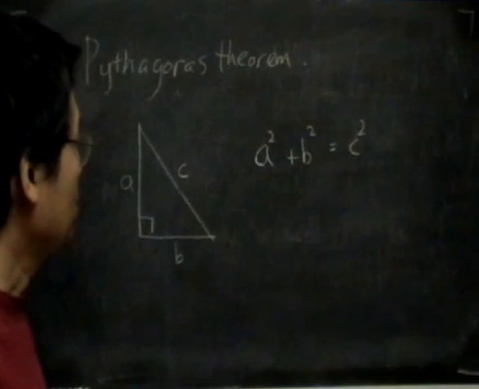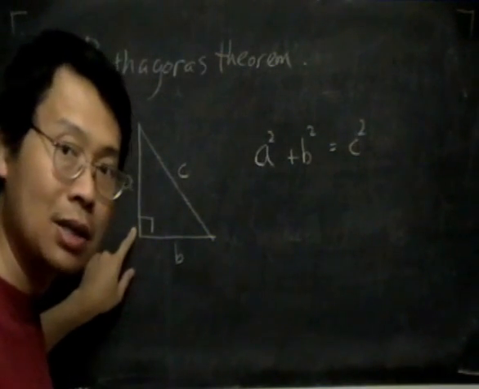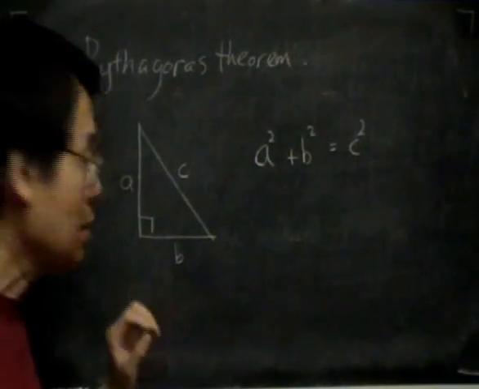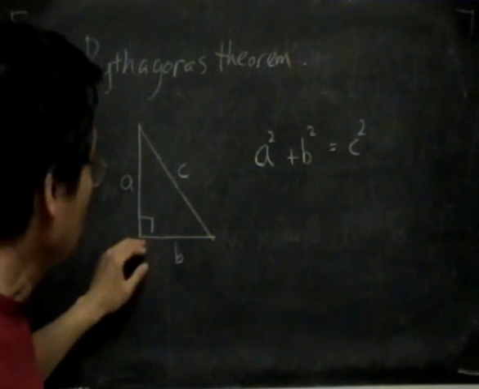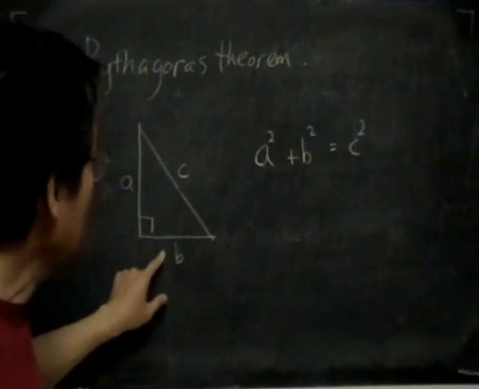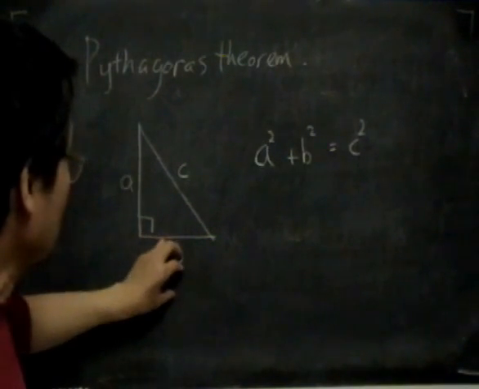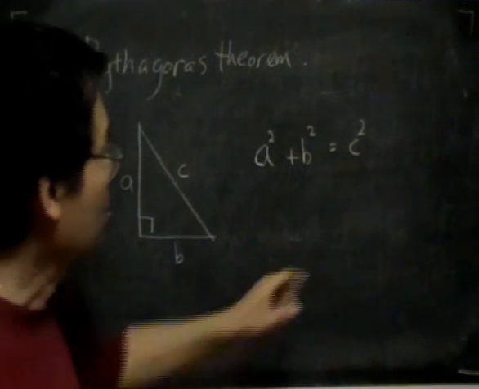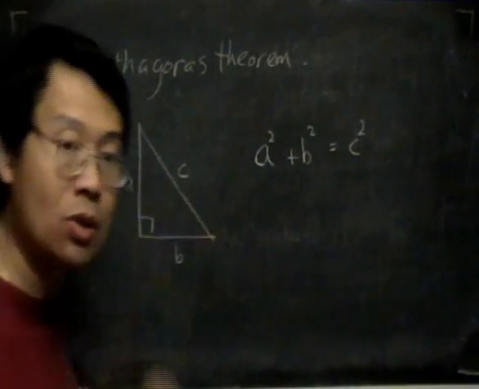A squared means that you take the length of side A and you square it. You multiply the number by itself. That's A squared. So B squared means that you square this length. So if you square this side and add them together, the answer must be equal to the square of the longest side.